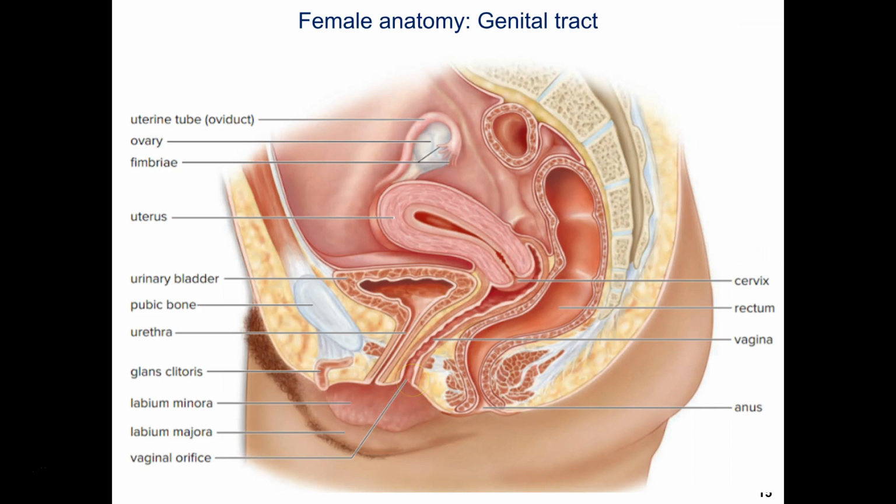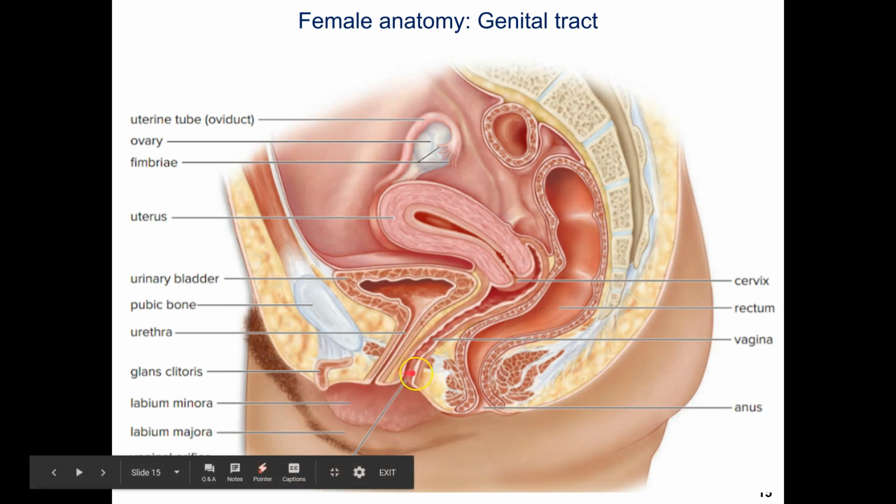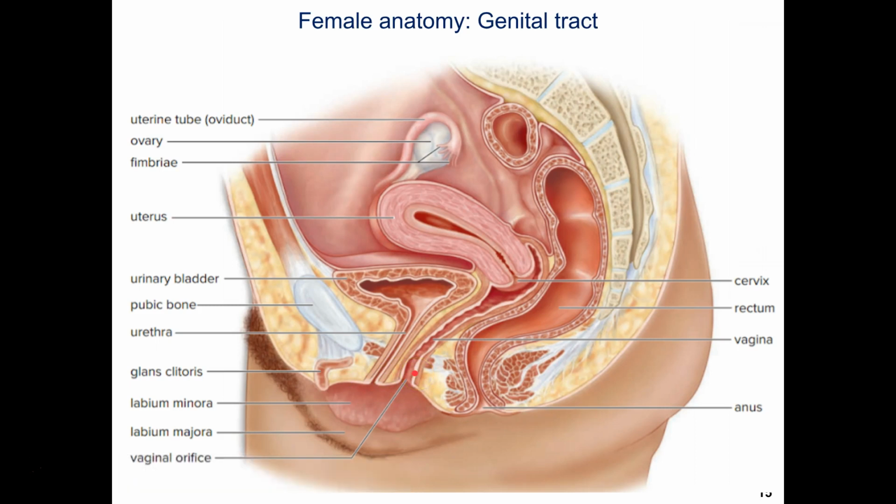Next to the vaginal orifice, you have the urethra and the urethra opening, which of course connect up here to the urinary bladder. So here's the urinary bladder, here is the urethral opening. It is adjacent to the vagina itself, but definitely not the same thing as the vagina. These are two separate openings.